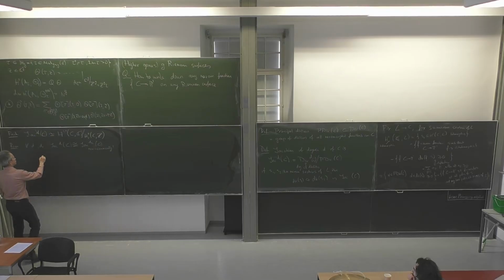Non-canonical in the sense that you just choose any divisor D you like, which is a divisor of degree D1 minus D2 on C, okay?